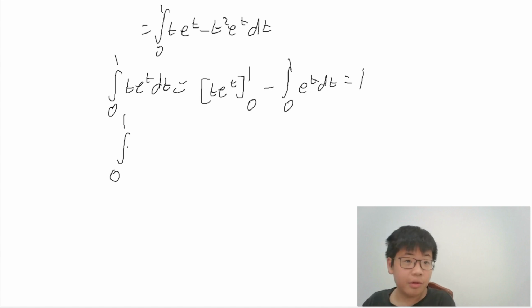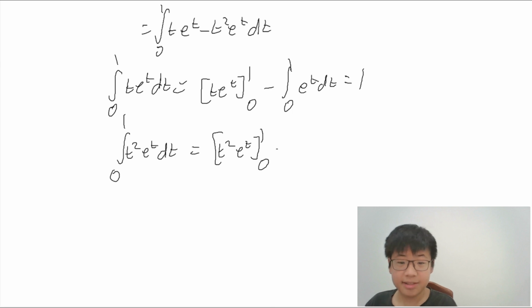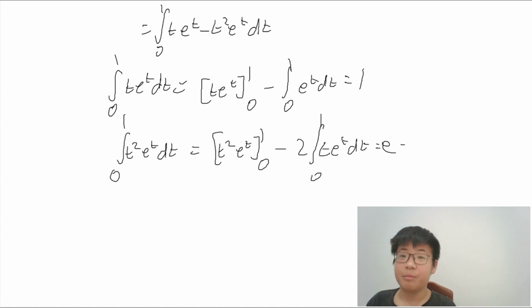So the integral from 0 to 1 of t squared e^t dt equals t squared e^t, more integration by parts, and you can figure out what the u's and v's are. Congratulations. The integral of t e^t dt equals, then this means t squared e^t will then be e minus 2. So this means that T1 equals 3 minus e.